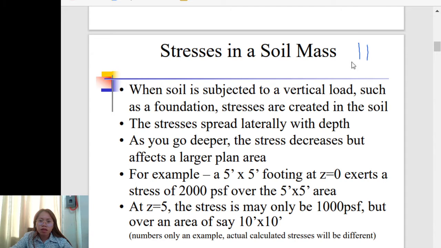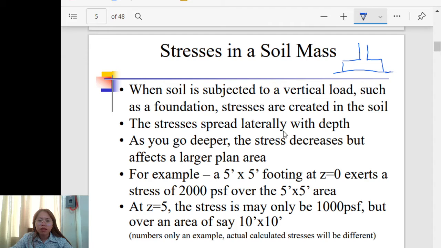If this is your footing, it is standing on the soil. So, this load from your building will create stress in the soil. So, how do we calculate the stress in the soil?